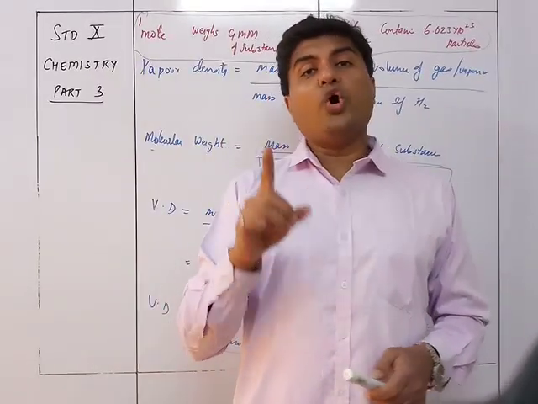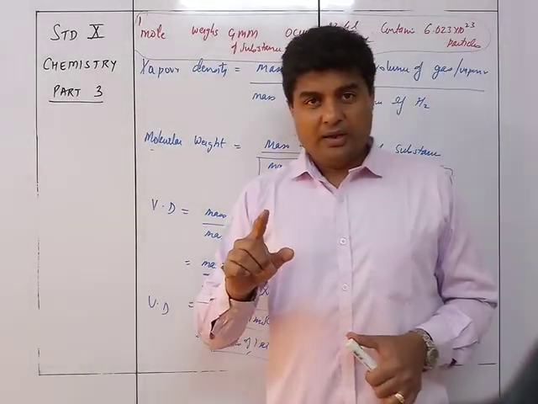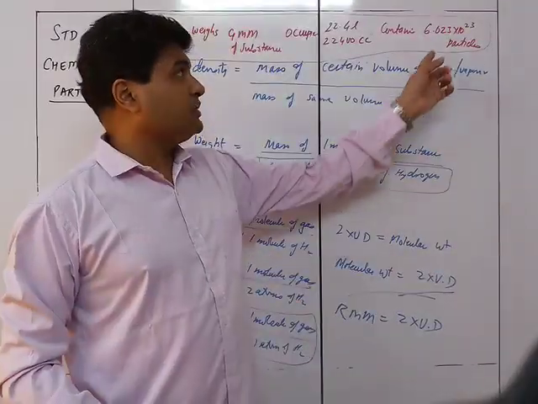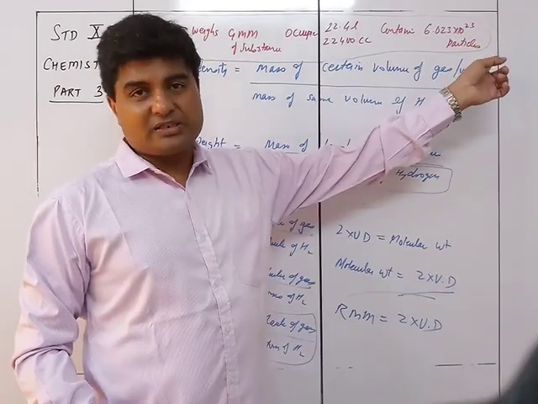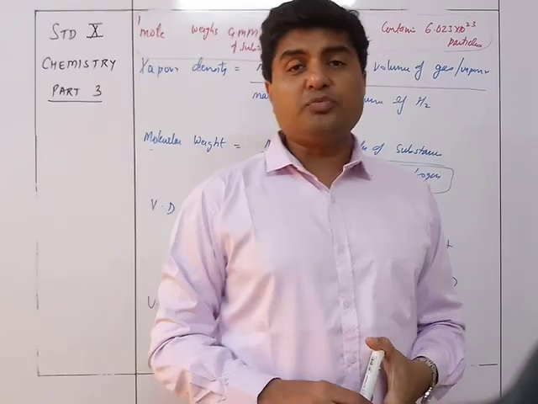So 1 mole of NaCl weighs 58.5 grams. It contains 6.023 × 10^23 particles. You cannot have the volume of that because NaCl is not a gas but a solid.